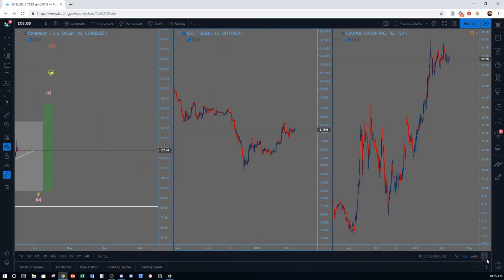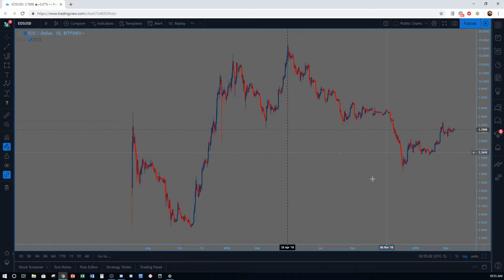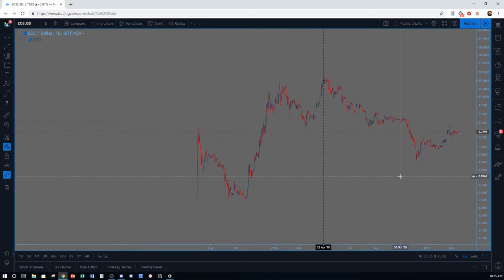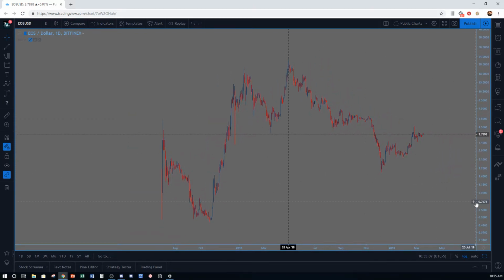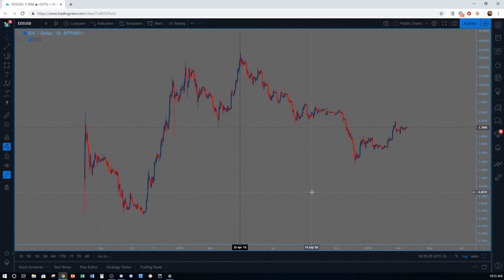Alright, so let's move on to EOS. And again, I'm starting on the log chart based on the large price move. So EOS top was later in 2018 than most of the charts in the crypto space.